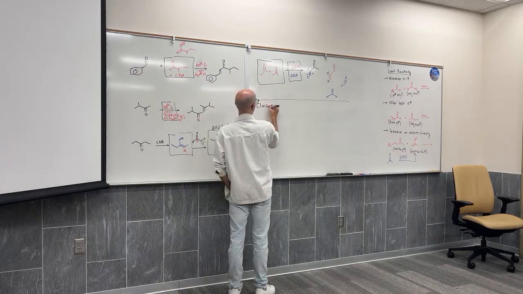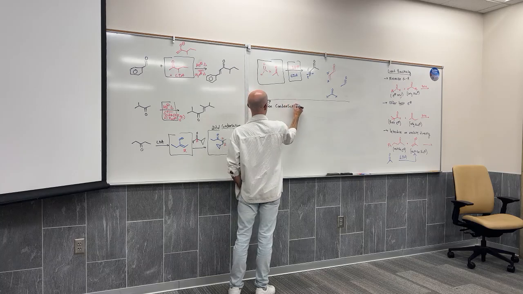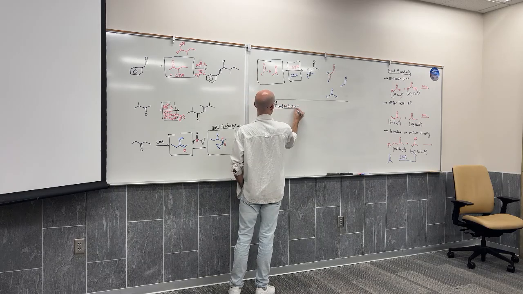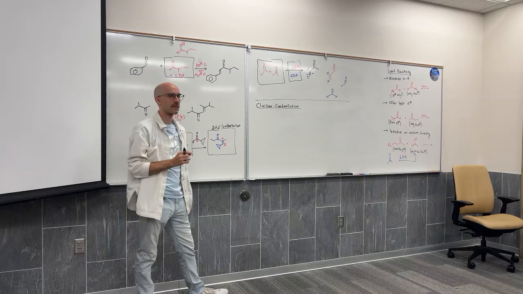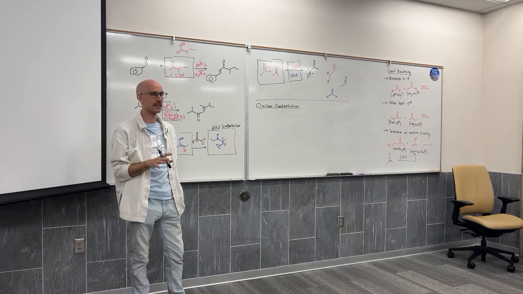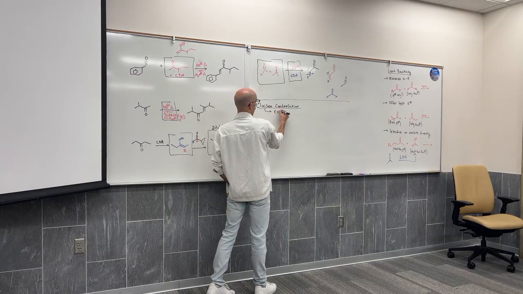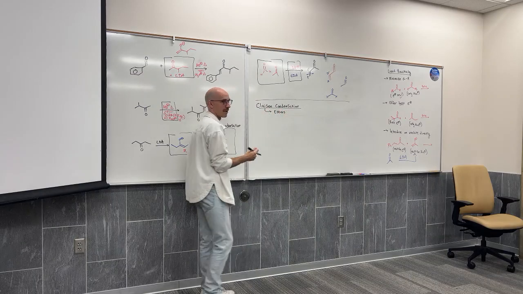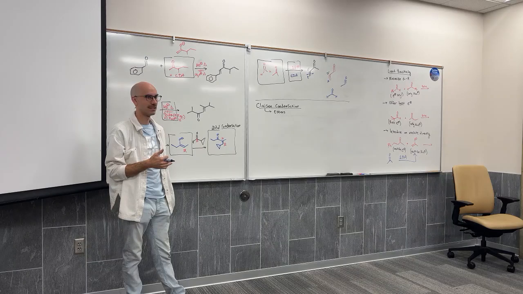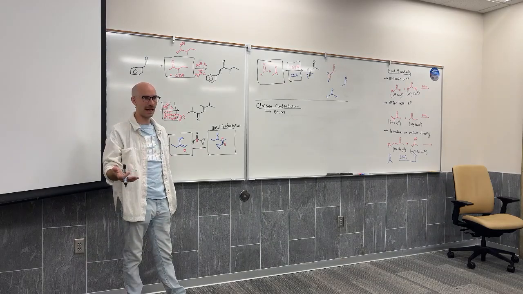Next, I want to look at the Claisen condensation reactions. Aldol covers ketones and aldehydes. Claisen covers esters. You guys might remember that we talked about esters at the beginning of this unit, and then we haven't come back to looking at esters as enolates yet.